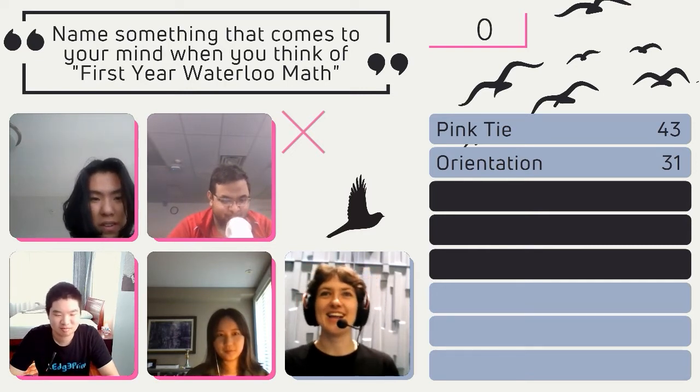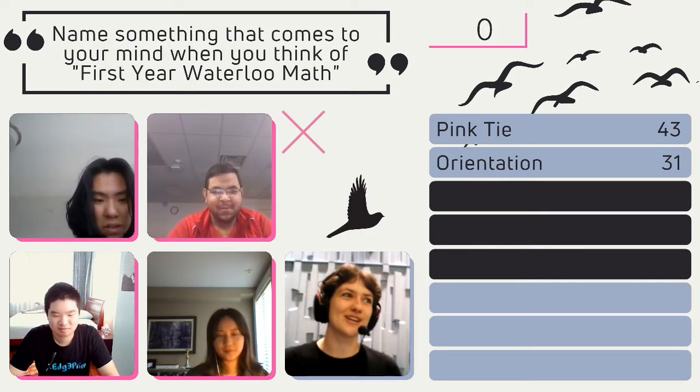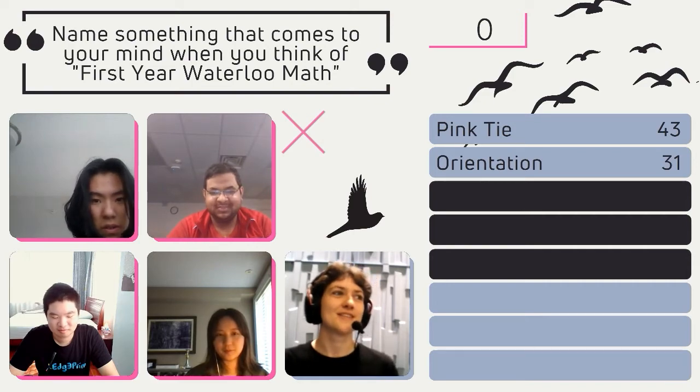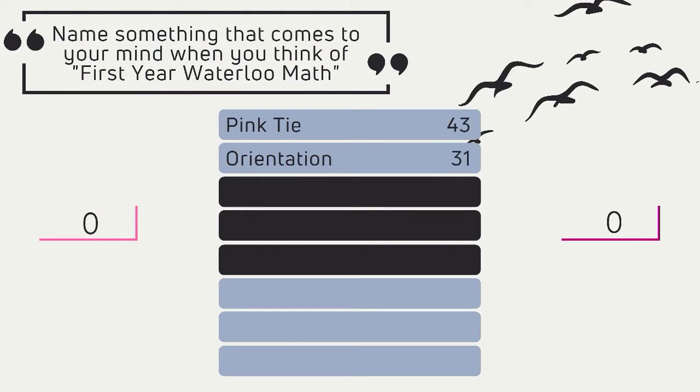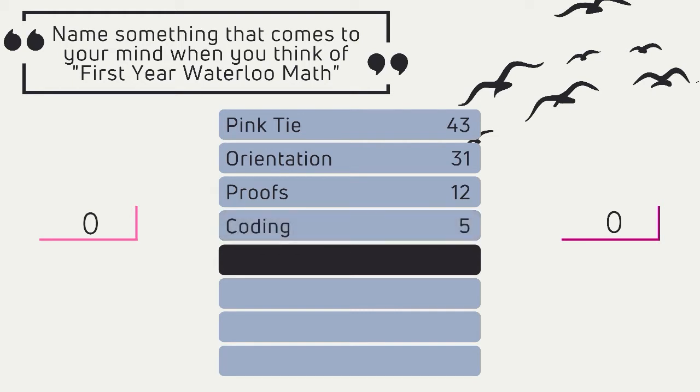Right. And then let's see what our remaining answers were. As we go to here, the score will get updated. Oh, proofs. So I guess in that way, both calculus and algebra were in the right vein, but not quite. That's what I was going to say next. Yeah, of course. Coding, all the CS courses.